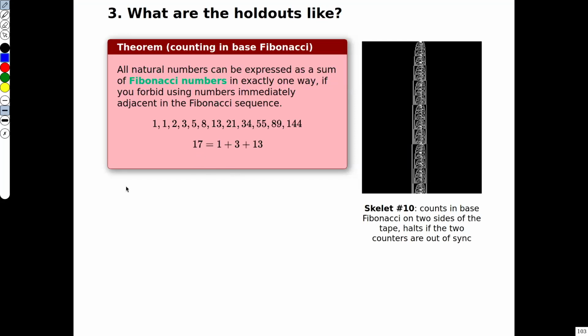And the skeleton number 10 machine counts using two representations that correspond to base Fibonacci. And to me, it's really surprising that with 5 states of a Turing machine, you find this example.